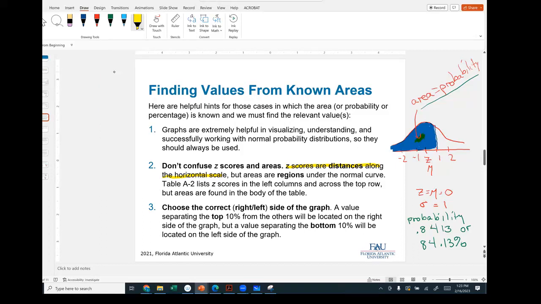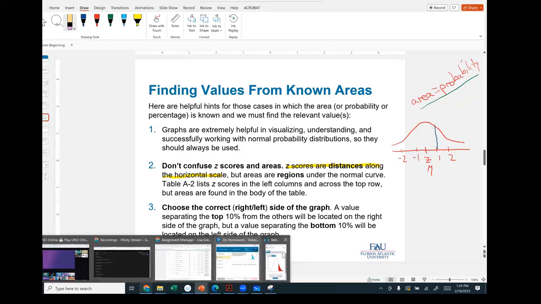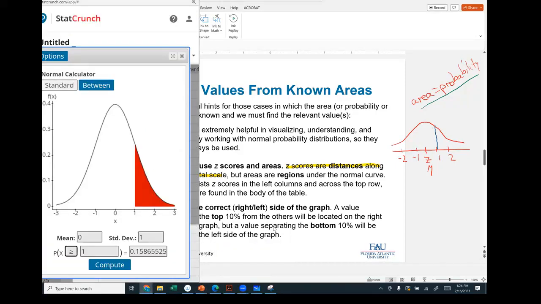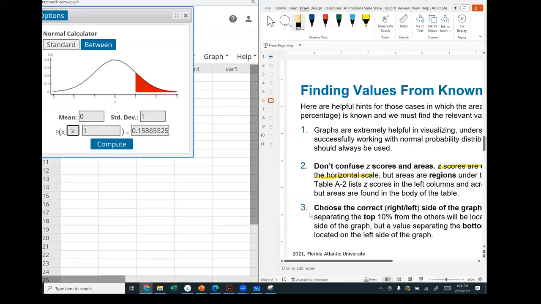Basically, what we're saying is, erase this, and let me change this. So if I bring back my StatCrunch, okay, so let's see.